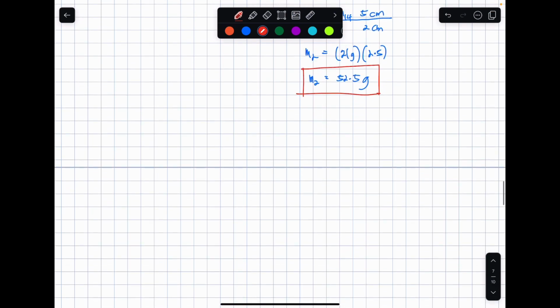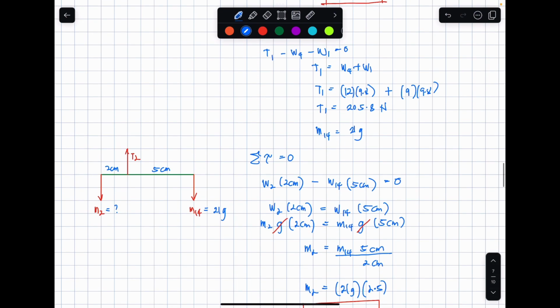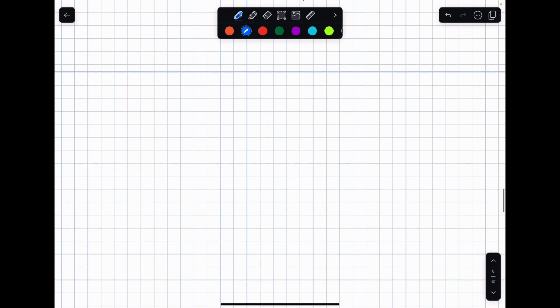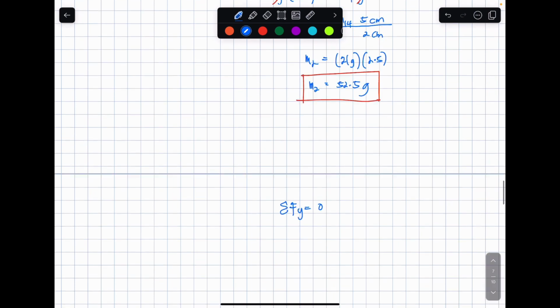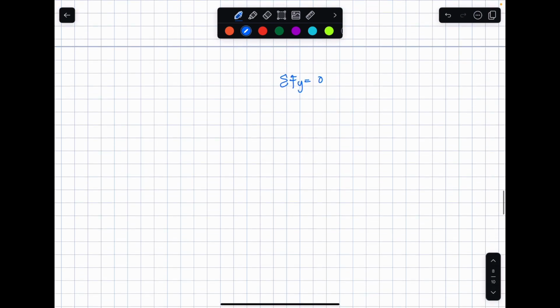So then we can get tension 2. Similarly, we are going to find the summation of vertical forces to be equal to 0, and that makes it T2 minus W2 minus W14 equals 0.